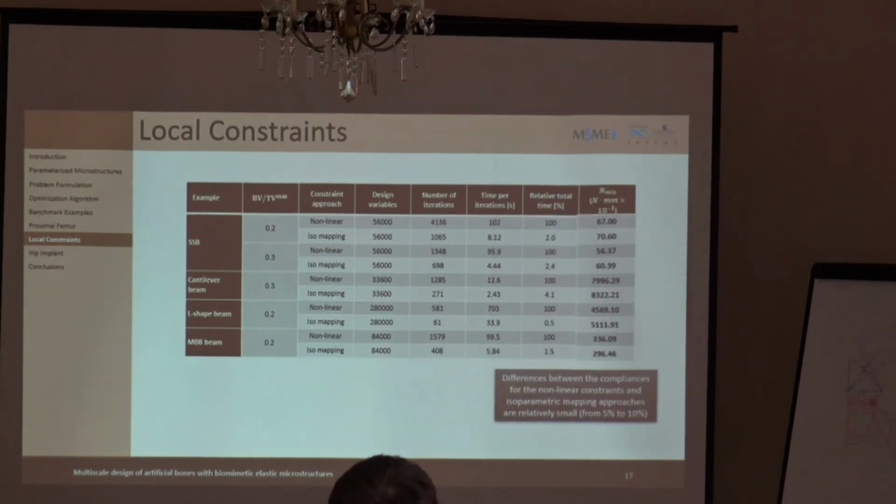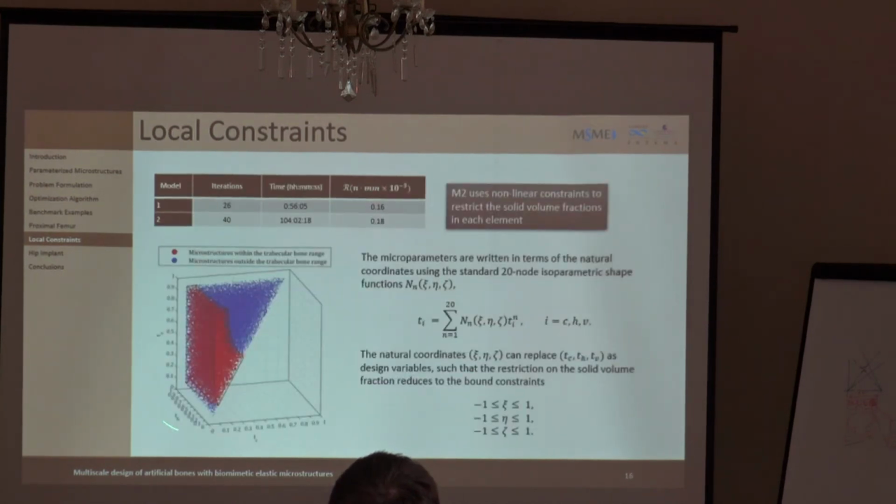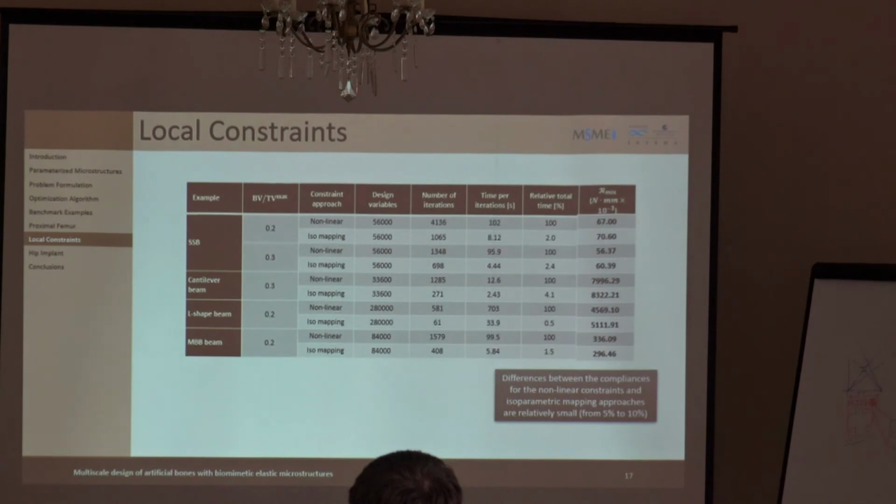I didn't mention that when we make this approximation with this hexahedron, we are losing some microstructures that are actually in the bone volume fraction that we want to use. So since the design space is now smaller than the design space for the nonlinear approach, the objective function is a little higher, but it's only between 5% and 10% higher than in the case of the nonlinear approach.